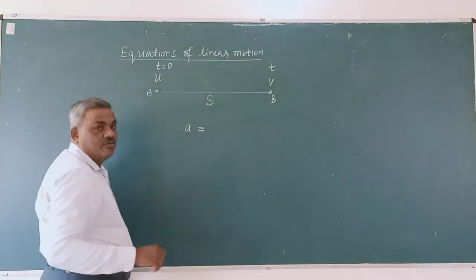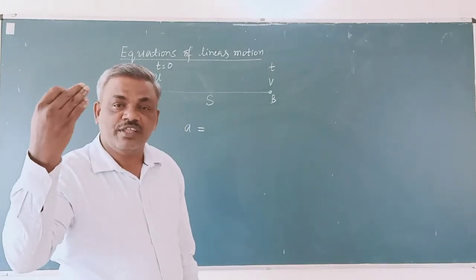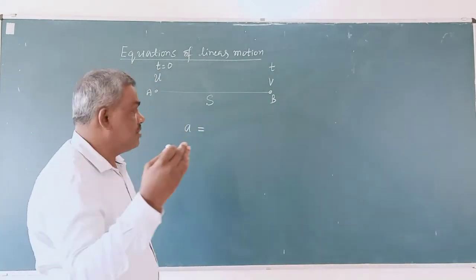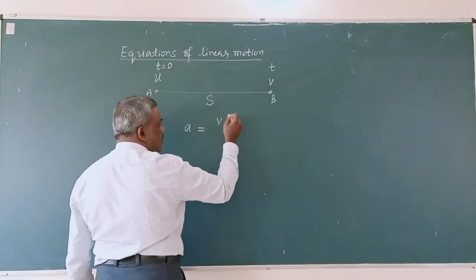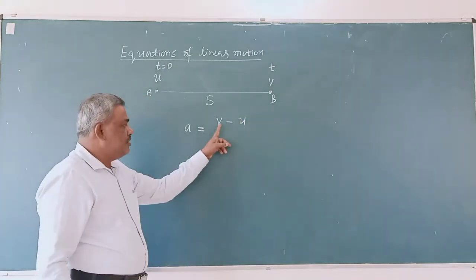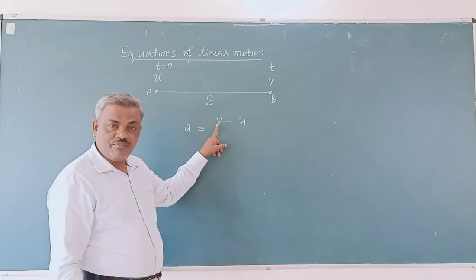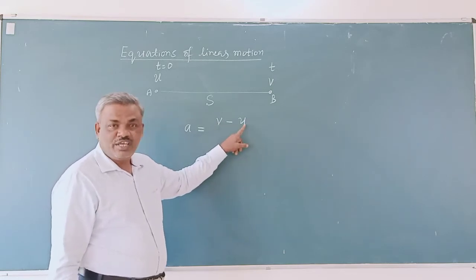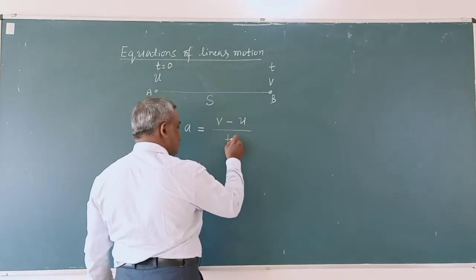Small a equals change in velocity by time. Change in velocity means final velocity minus initial velocity, V minus U. So V minus U represents the change in velocity.